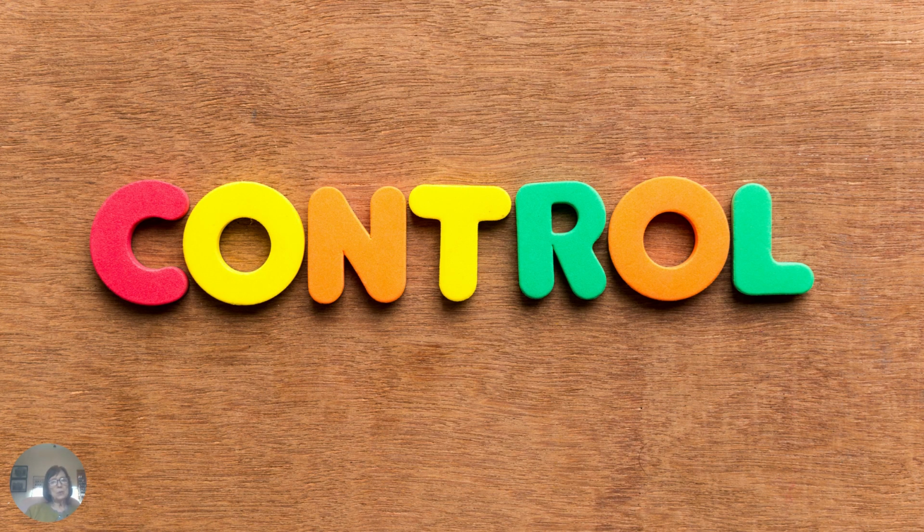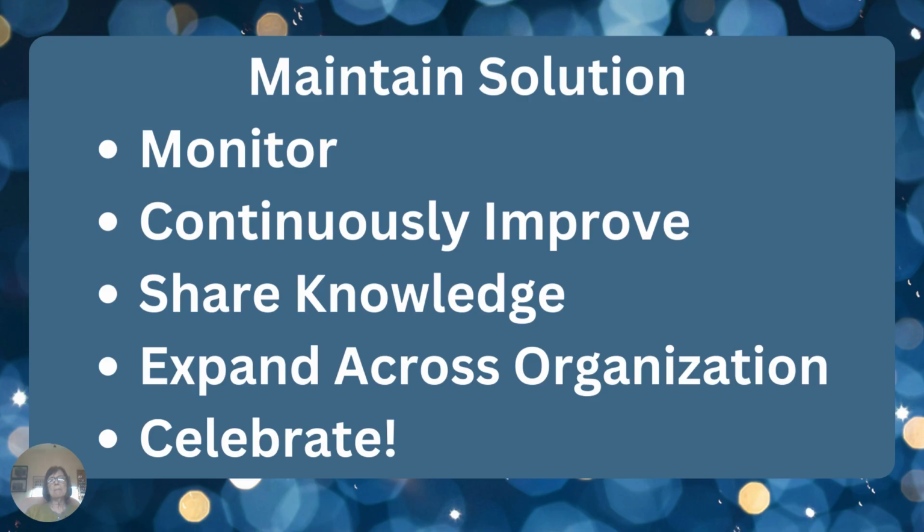And then finally, control. So once we believe our implementation was a success, we verified the implementation was what we wanted, everything's a go, we can't just stop and move on. There has to be something in place that makes sure that we institutionalize what we implemented. So we need monitoring, whether it's KPIs, certain checklists, whatever that we can monitor. There are management tools that can be monitored and maintained.